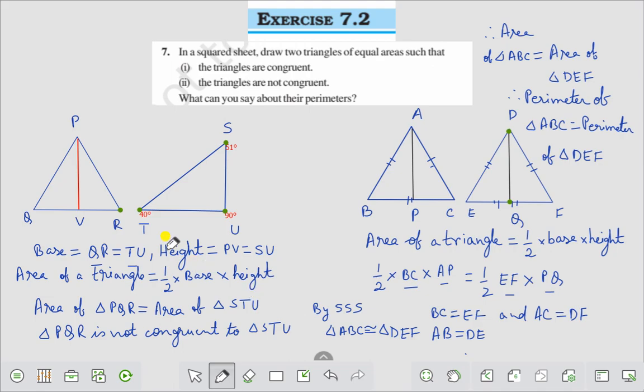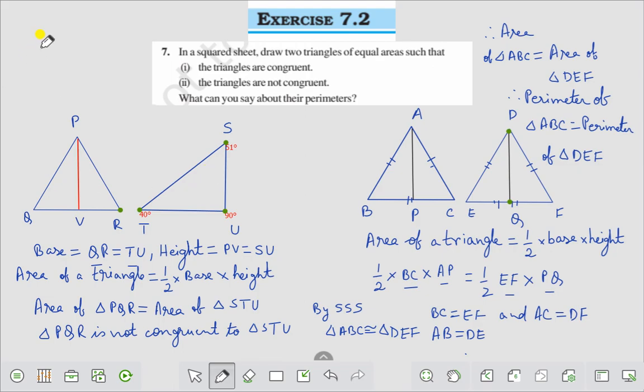Here we satisfied two conditions: the area is same but the triangles are not congruent. What can you say about the perimeters? Here you can observe, or from estimation you can say that the perimeter of this triangle is not equal to the perimeter of this triangle, because the sides are different. That means the areas may be same and the triangles not congruent, even then the perimeters will not be same.